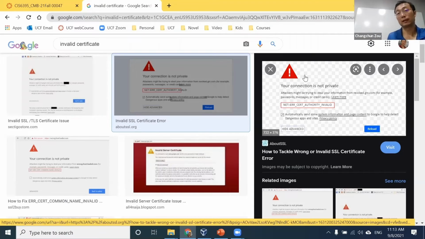Some websites don't want to pay this fee, and they still want to provide secure encrypted communication. Then they will use this way. They don't have a valid certificate. They send the public key directly to the client. So the communication is still going through an encrypted channel.